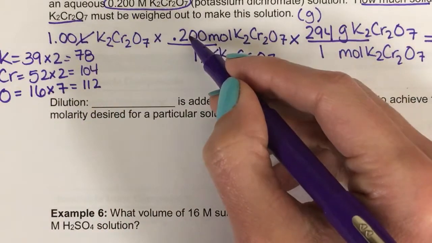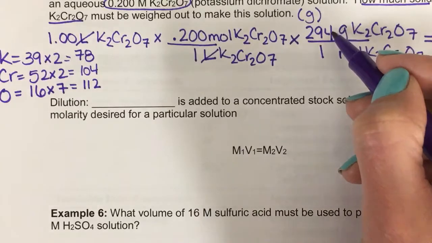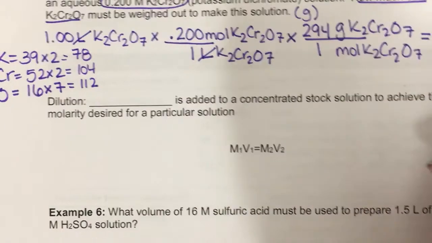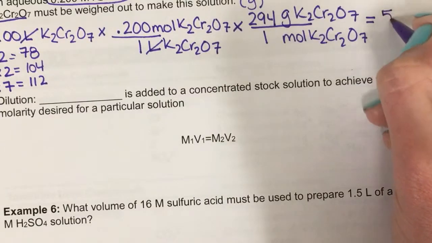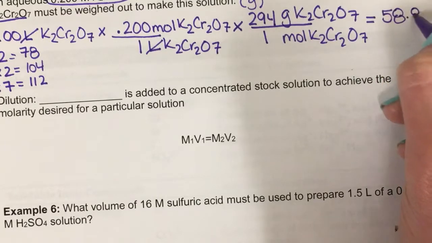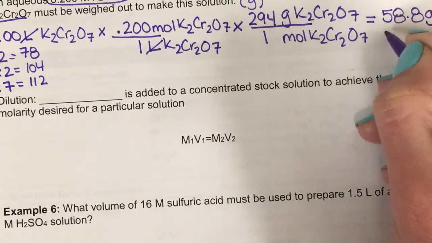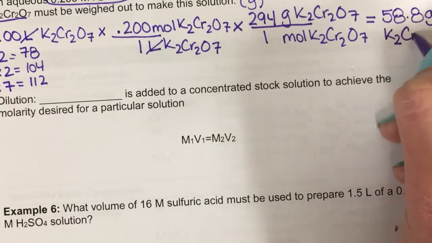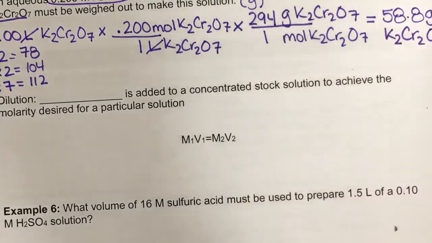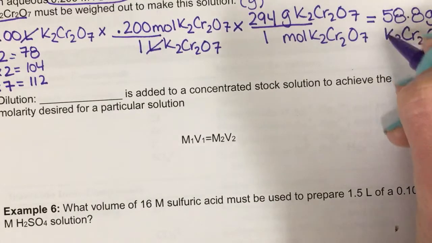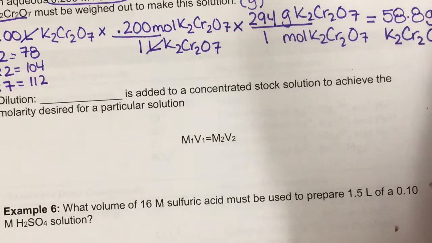1 times 0.2 times 294, and what I get is that I need 58.8 grams of K2Cr2O7. So to make my 0.2 molar solution, I would weigh out 58.8 grams of K2Cr2O7.